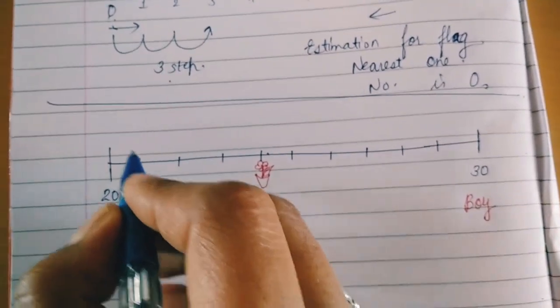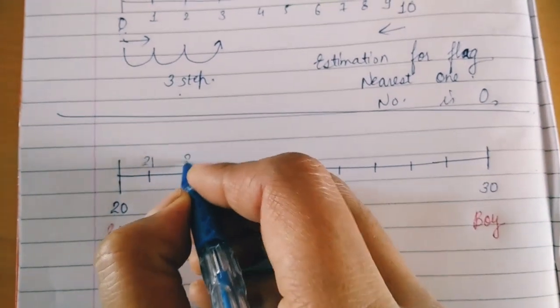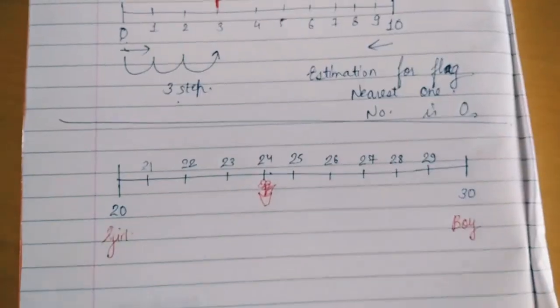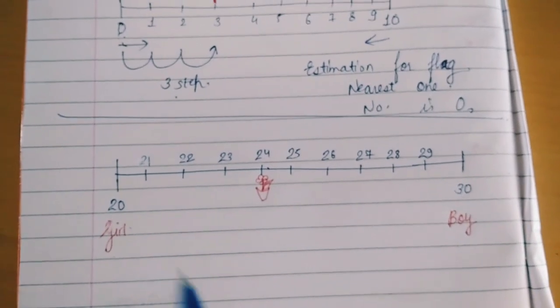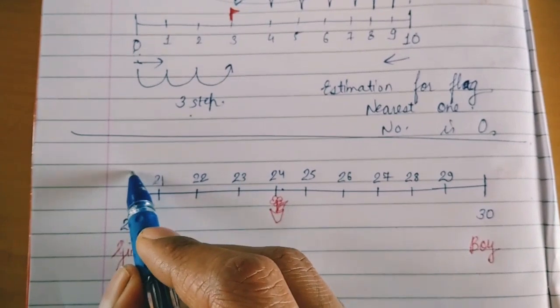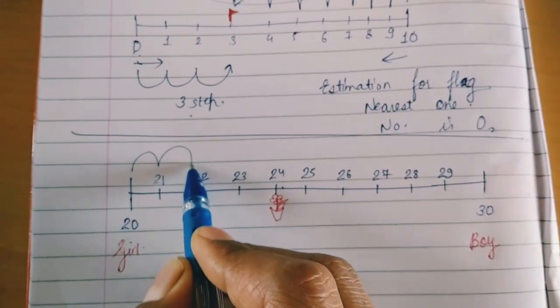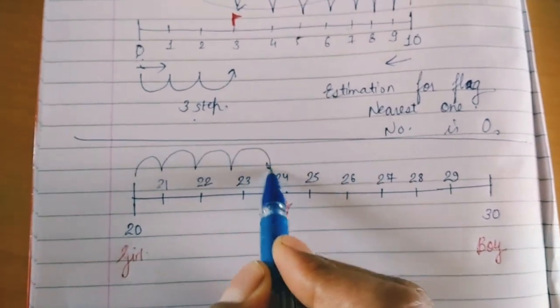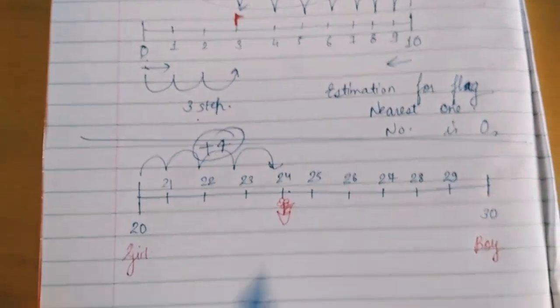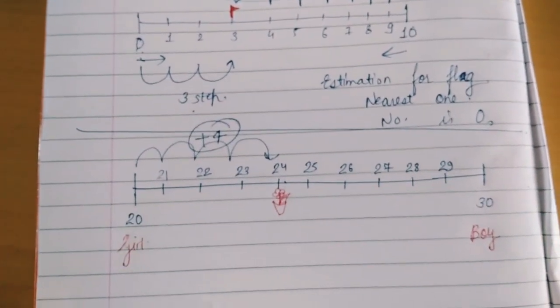So here we have 21, 22, 23, 24, up to 30. You can simply see, when the girl is moving from 20, she has to take 1, 2, 3, 4 steps. In 4 steps the girl can pluck the flower from the flower pot.